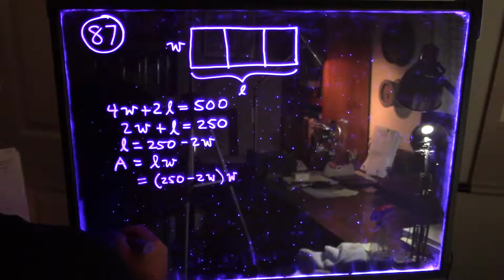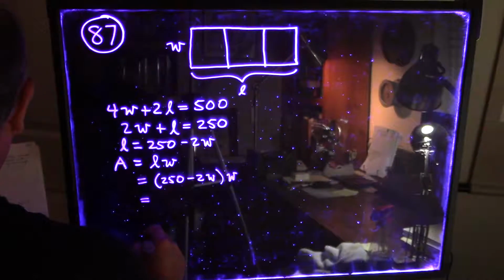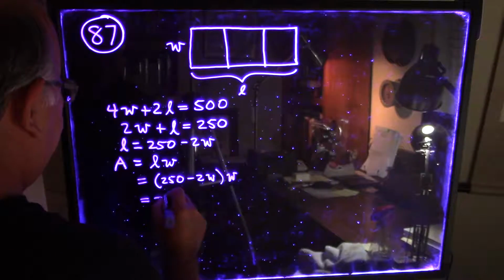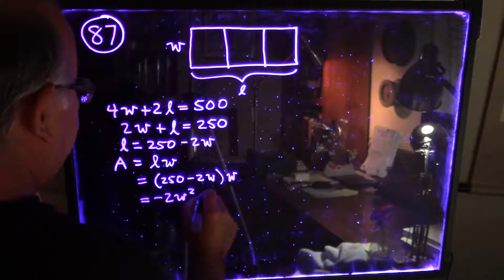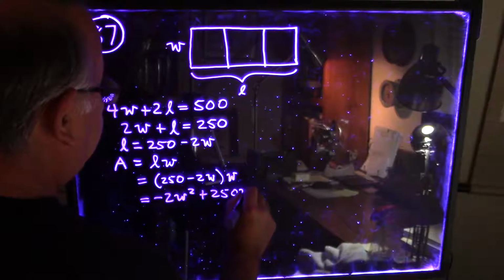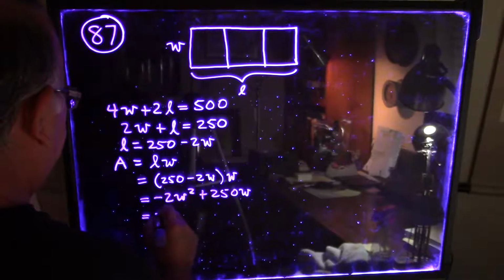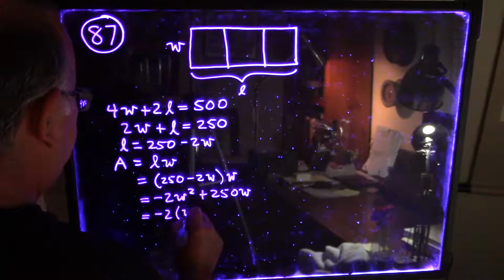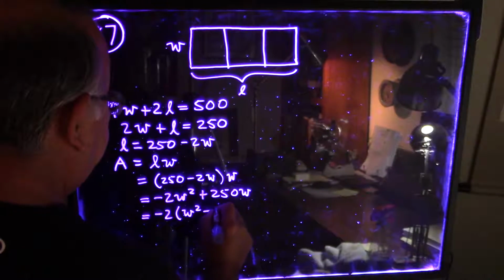And so distribute that W through there and you get negative 2W squared plus 250W. So factor the negative 2 out. You get negative 2 times the quantity W squared minus 125W.